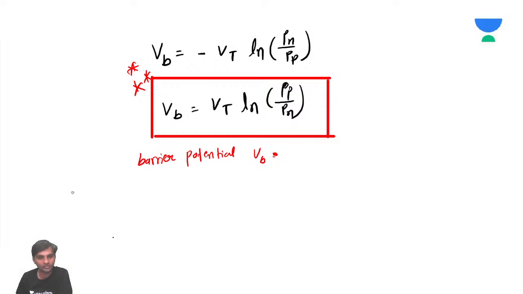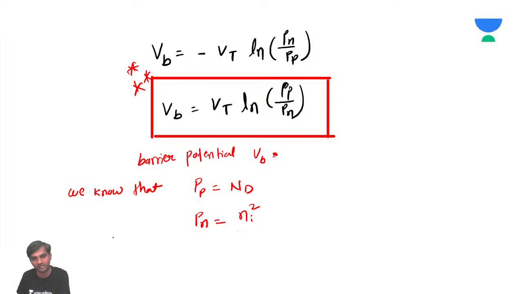But we know that pp is equal to ND. And what is pn? pn is ni square by NA, yes or no?